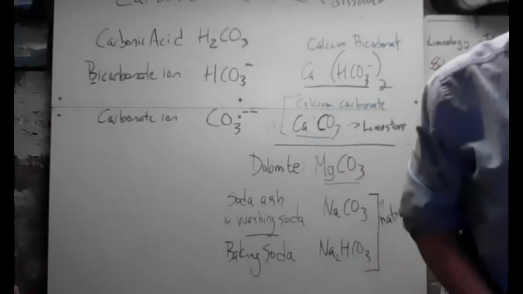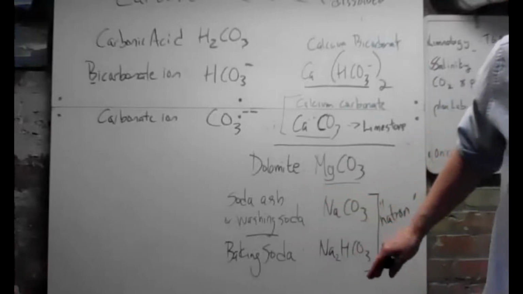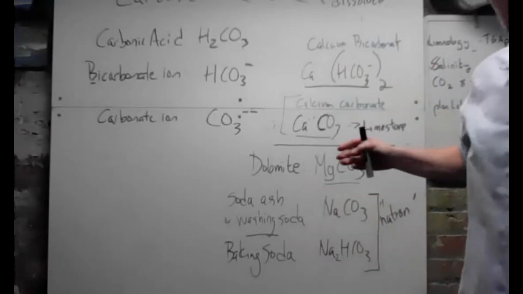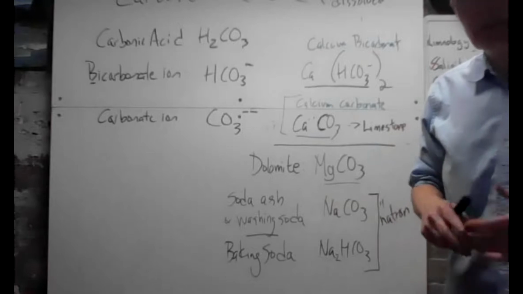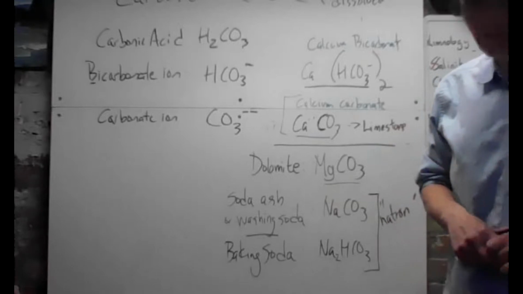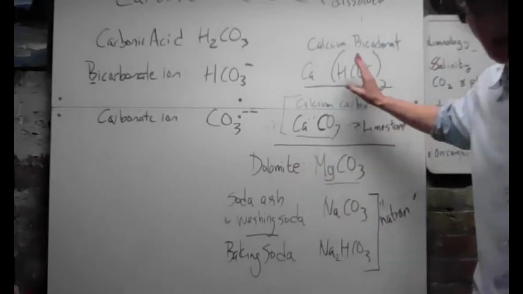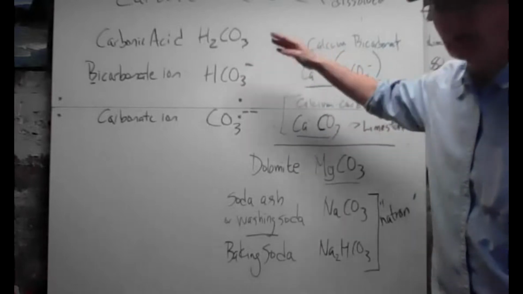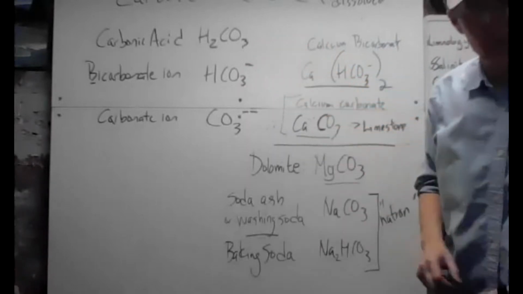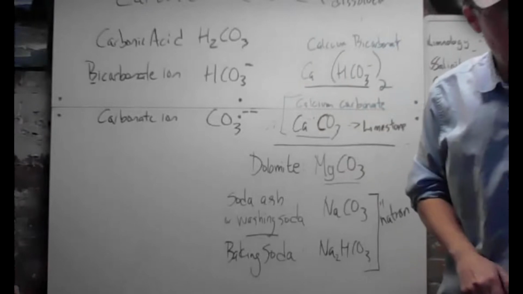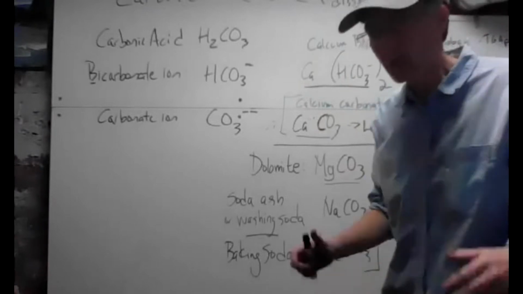Okay, so these are the forms that we're going to talk about. And now we're going to talk about how the simple ones connect together to form the calcium carbonate buffer system. Are you ready for that?